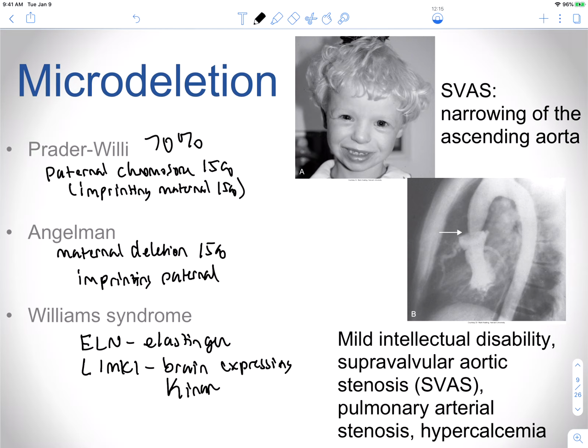And then these are going to lead to defects of cognition. And so you're going to have intellectual disability associated with these, as well as supravalvular aortic stenosis, pulmonary stenosis, hypercalcemia, etc., associated with Williams syndrome.